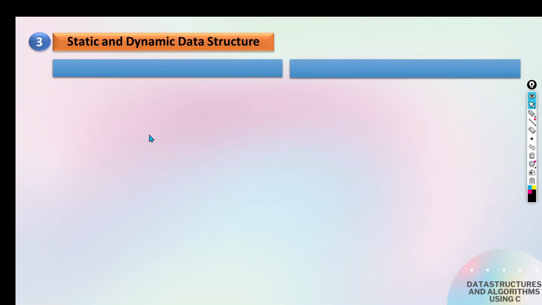Getting? कि ये एलिमेंट्स कब बनते हैं, कब डिस्ट्रॉय होते हैं, एंड कहाँ उनकी स्पेस एलोकेट होती है, उसके बेसिस पे इनको क्लासिफाई किया गया है. Getting? तो स्टैटिक and dynamic data structure.